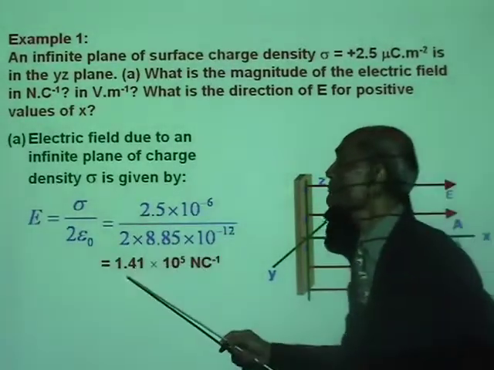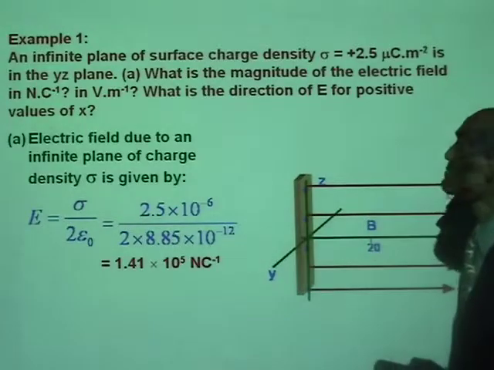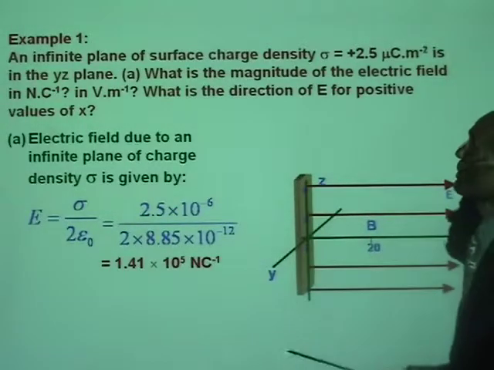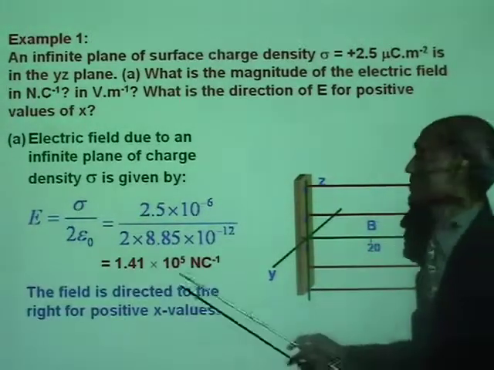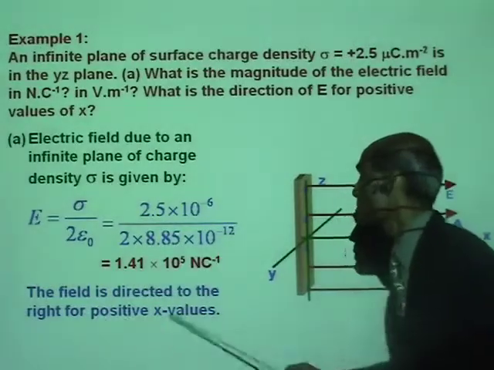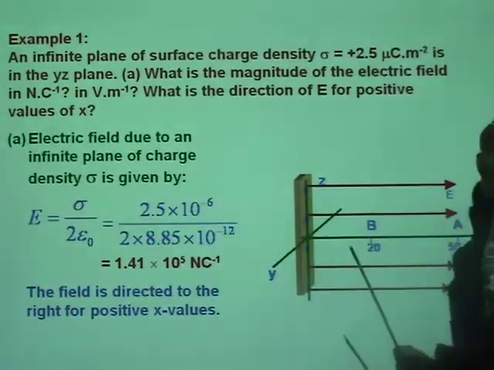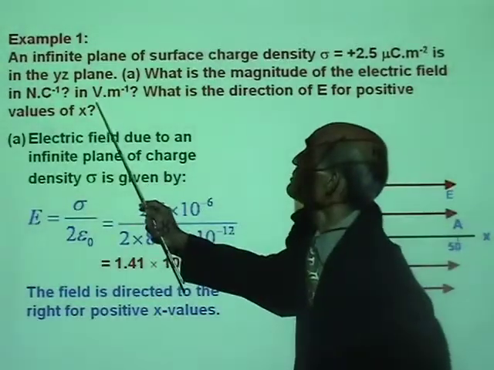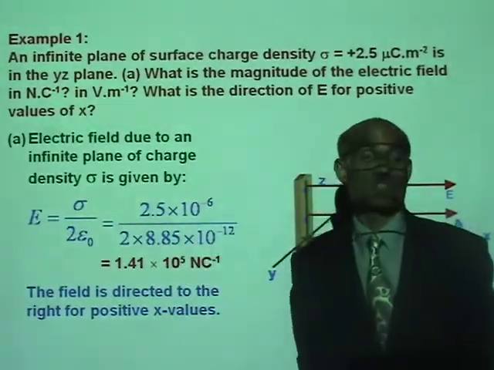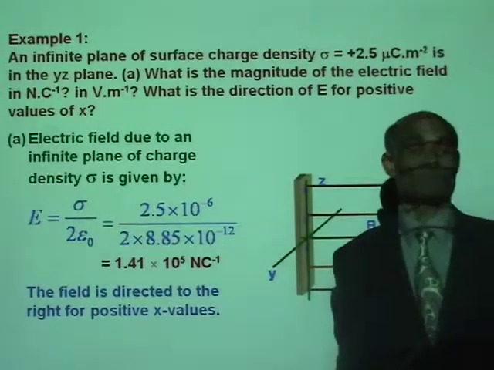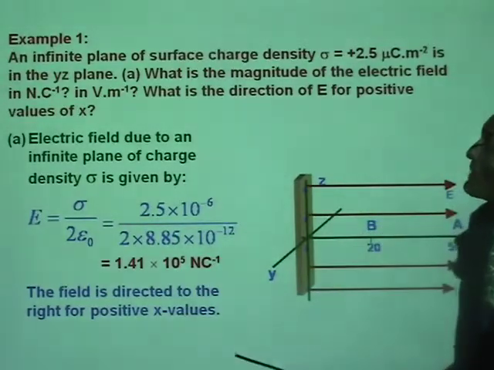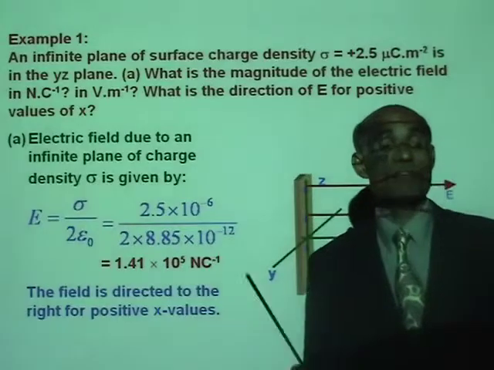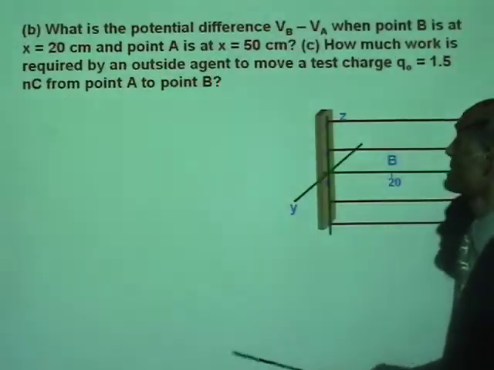And that will be 1.41 times 10 to the 5 Newton per Coulomb. Now, the field is directed to the right in the positive x-axis. Is it the same expressed in volts per meter? Yes, we just showed that Newton per Coulomb and volts per meter are the same thing.